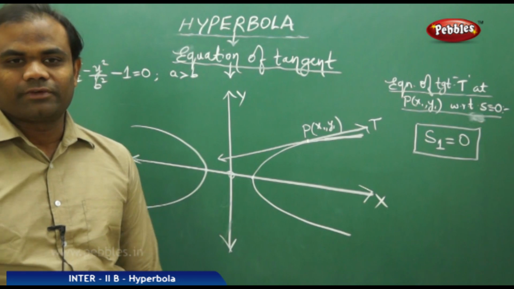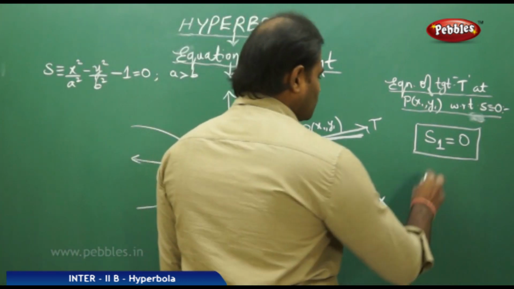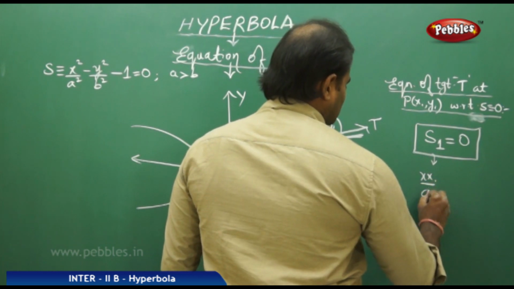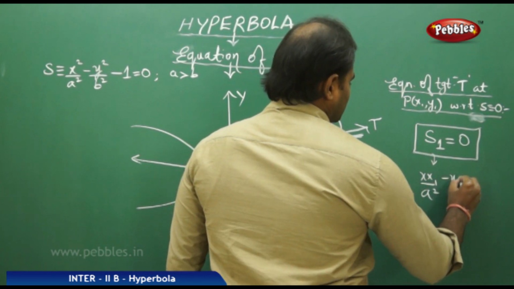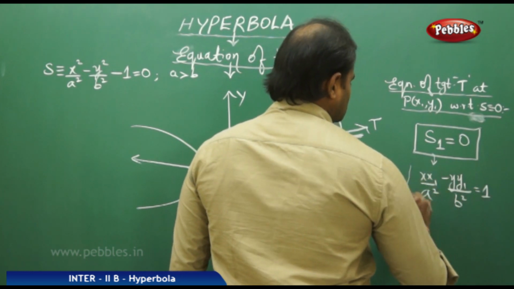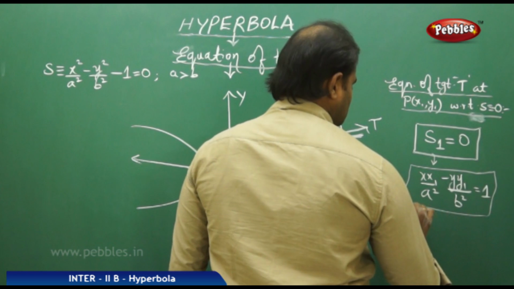So the equation of tangent is given by S1 equal to 0, which when simplified gives x1 x by a square minus y1 y by b square equals 1.